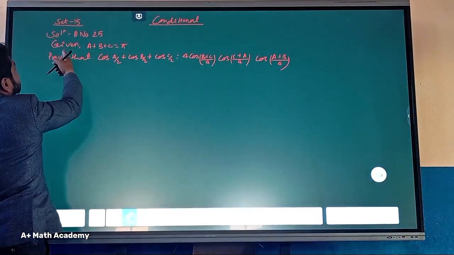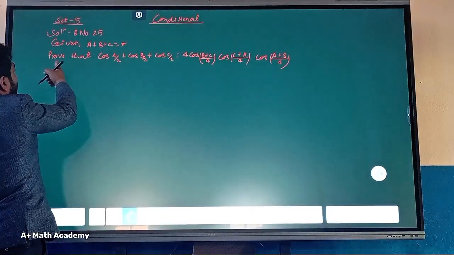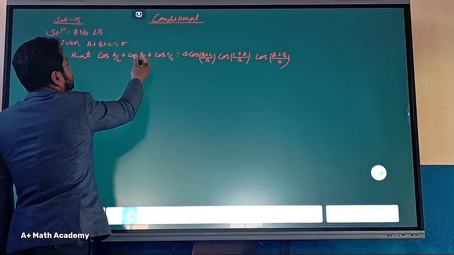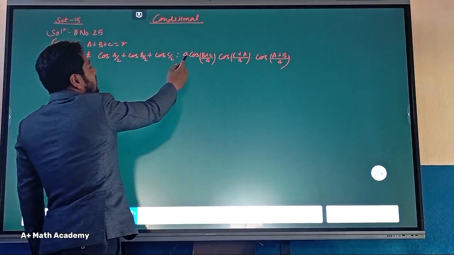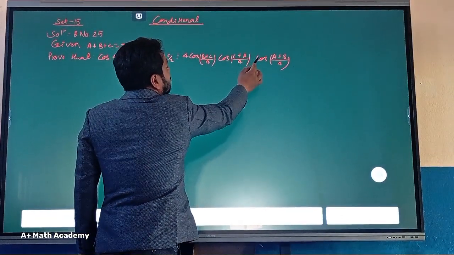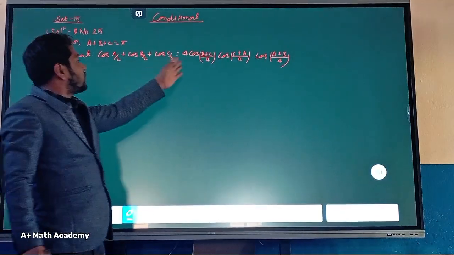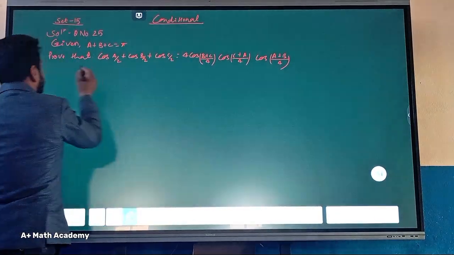Okay, the question is: A plus B plus C equals pi. This is the condition. Prove that cos A by 2 plus cos B by 2 plus cos C by 2 equals 4 cos (B plus C) by 4, cos (C plus A) by 4, cos (A plus B) by 4. So I start this question from the RHS.